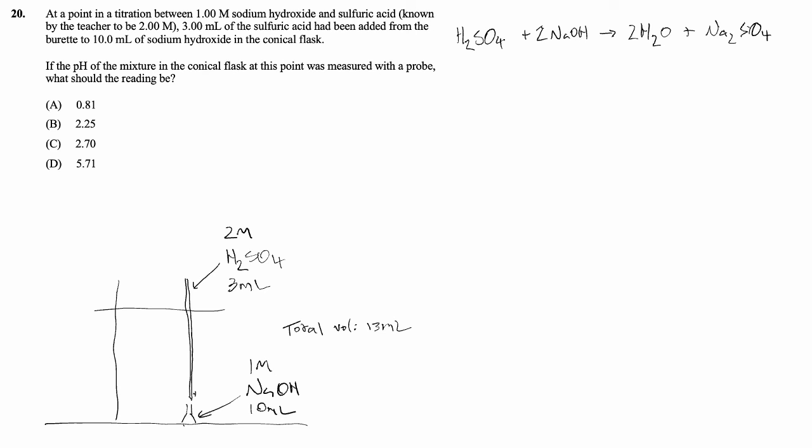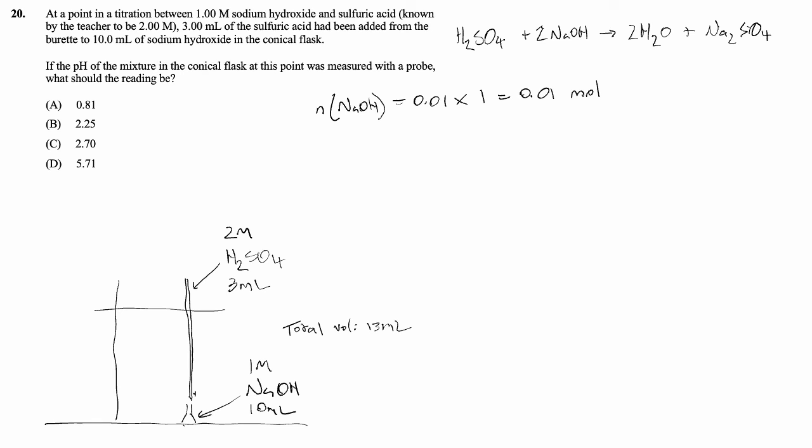Remember, titrations are all about moles, and we need to see which one of those moles we have left over. So the number of moles of sodium hydroxide, NaOH, is equal to 0.01, which is our 10 ml, volume times concentration, which was 1. So we have 0.01 mole of NaOH.